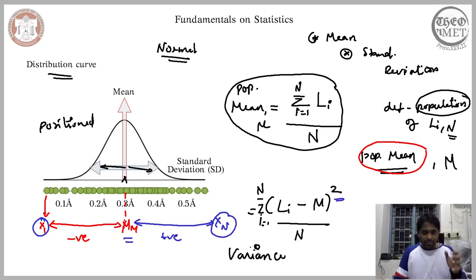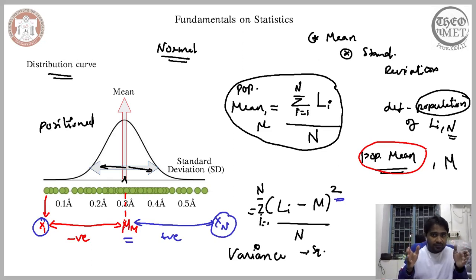Now even though this variance captures how far each of these points is from the mean, since we are squaring it, what we have essentially captured is the square of the distance. The difference between the lattice parameter of one alloy and the mean estimates its distance, but since we are squaring it, we are essentially calculating the square of the distance between the mean and the lattice parameter of an alloy.